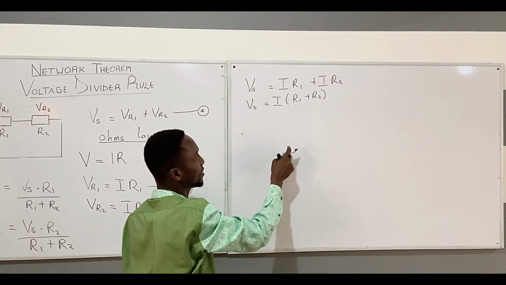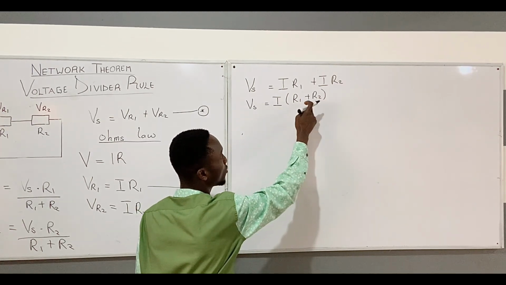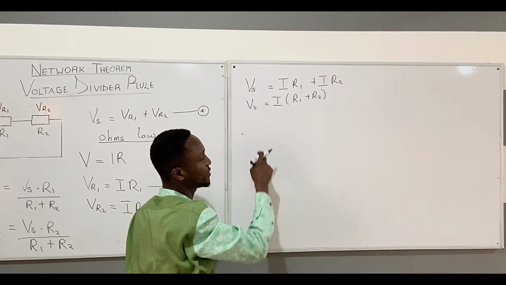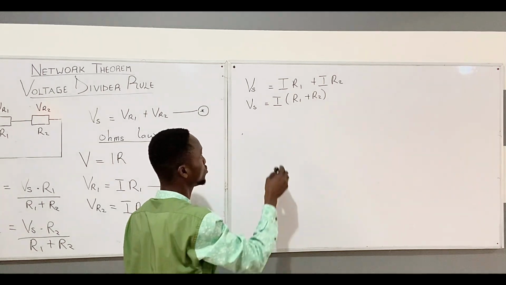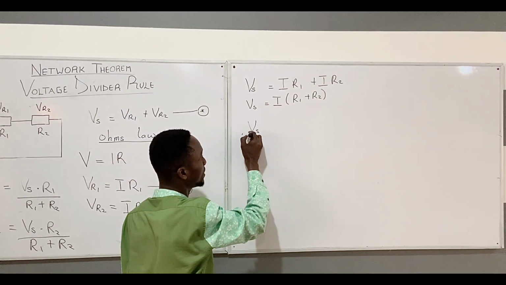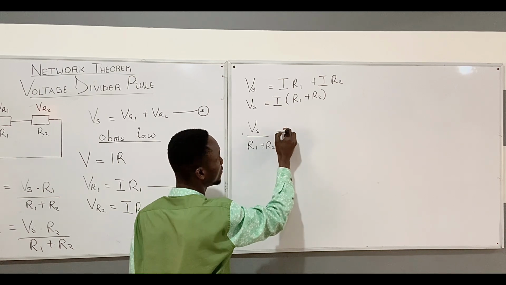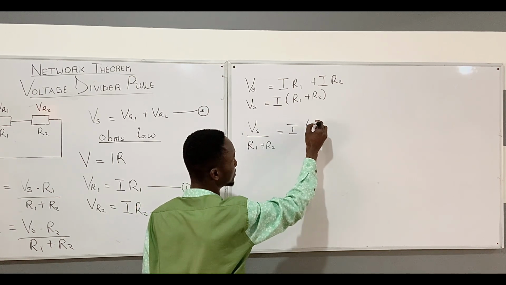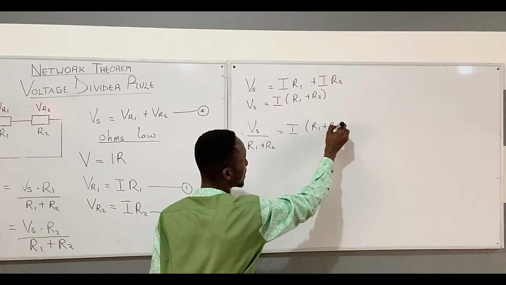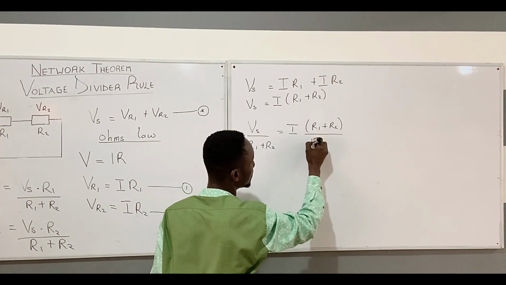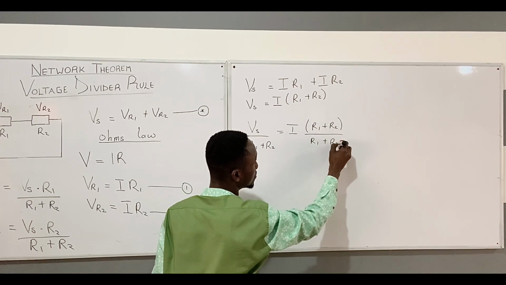So from here, let us make I the subject of the equation. To make I stand alone, I will divide here by R1 plus R2 and divide this side by R1 plus R2. So I'm getting my Vs over my R1 plus my R2, giving me I outside R1 plus R2 dividing R1 plus R2.